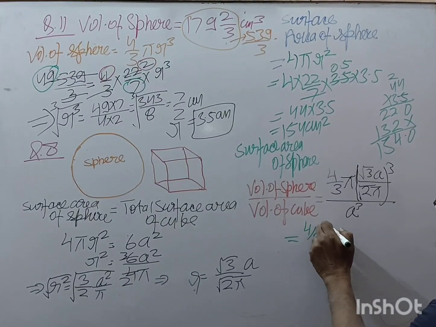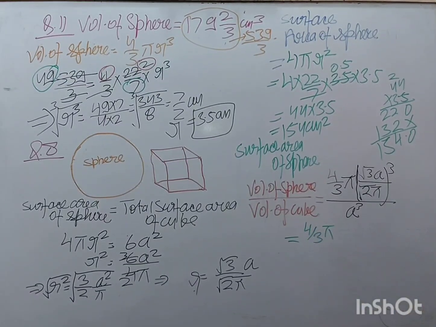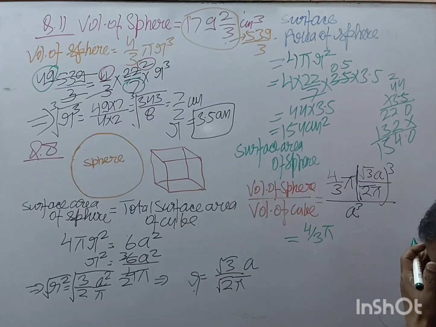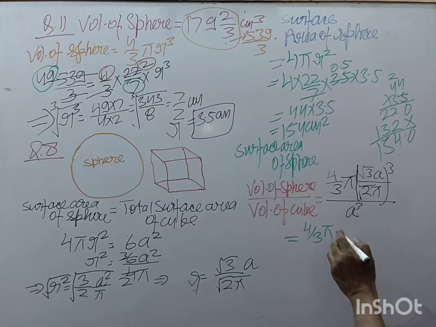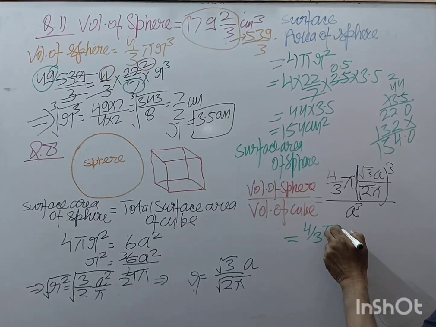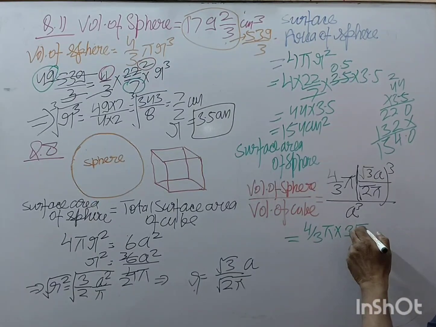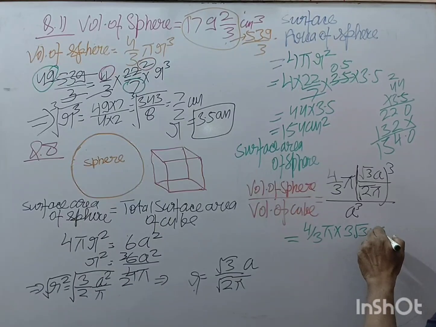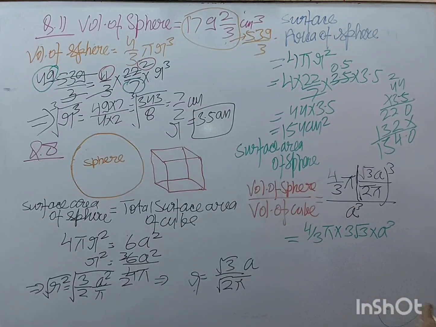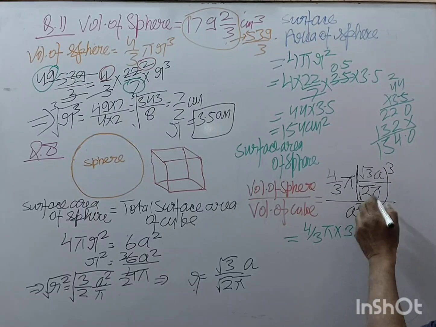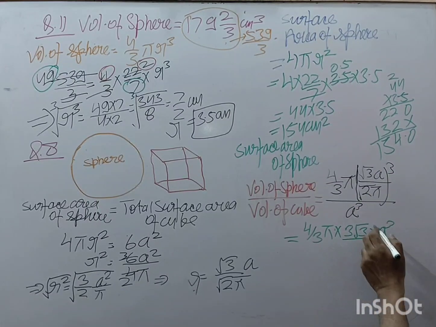Four by 3 pi, 3 root 3 into A cube, upon how much it is?